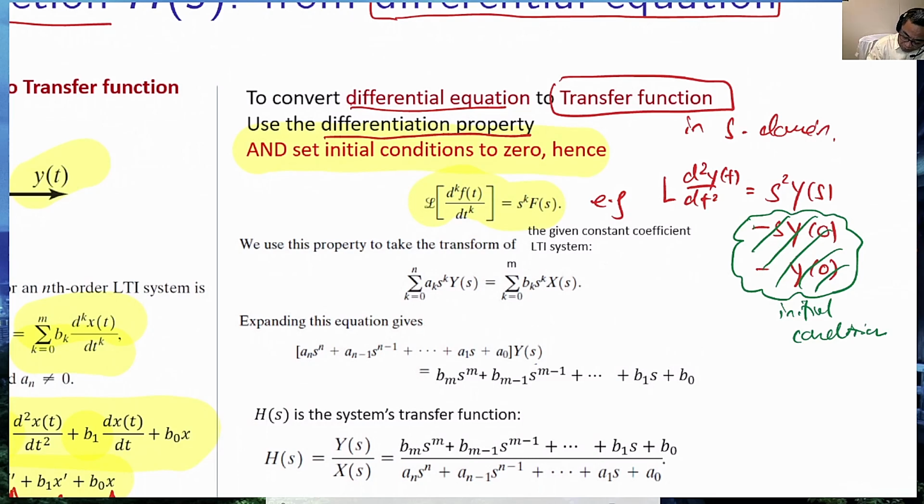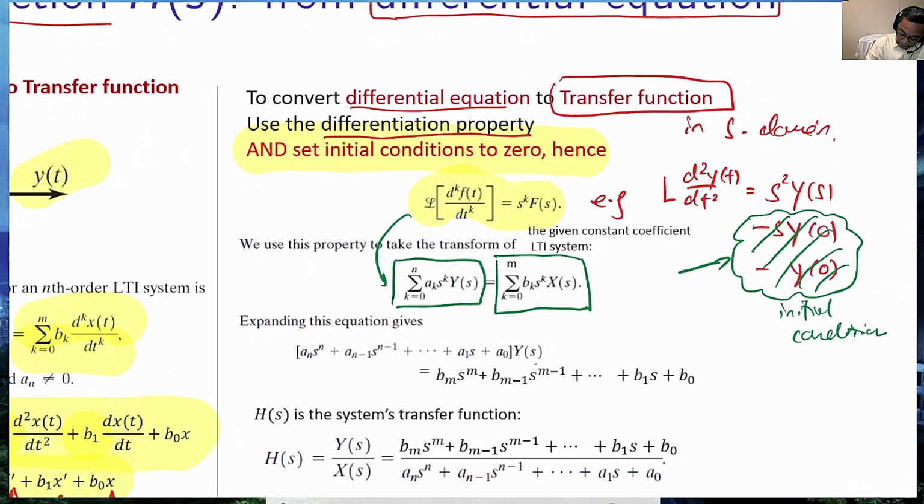So what does it give us? Well, if we ignore all the initial conditions, then what we are left with is something quite simple on the left hand side as well as the right hand side. It means we are also ignoring the initial conditions of the x as well.